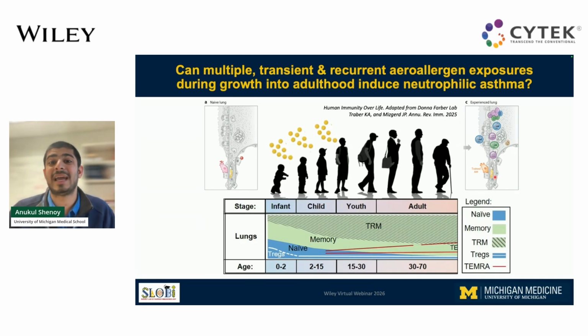Can this also be applicable for asthma, where early life allergen exposures might cause subclinical asthma? So it's not something that is going to really show itself as a severe asthma. However, over time, there might be remodeling in the lung that somehow breaks the camel's back, and that might lead to neutrophilic asthma, which also happens to be a late onset version and diagnosed later in life.